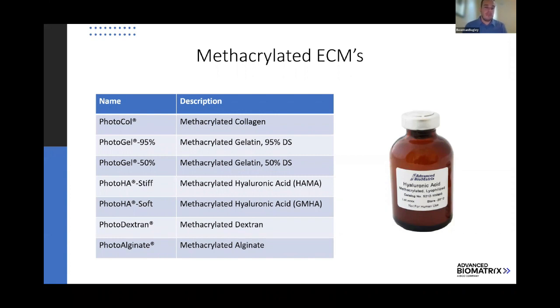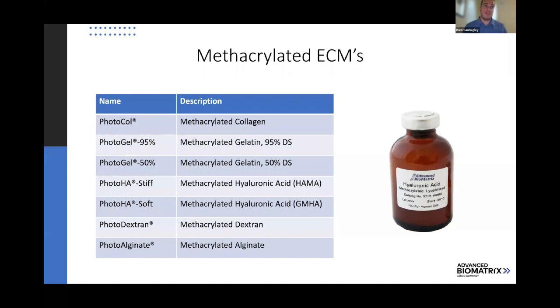With the methacrylated hyaluronic acid, we run two different reactions, which results in a stiffer and a softer hydrogel. And really the goal is to allow tunability, right? What methacrylation does is allow these materials to be photocross-linked. And so you can now photocross-link these materials and have a huge range of stiffnesses, soft to really stiff.